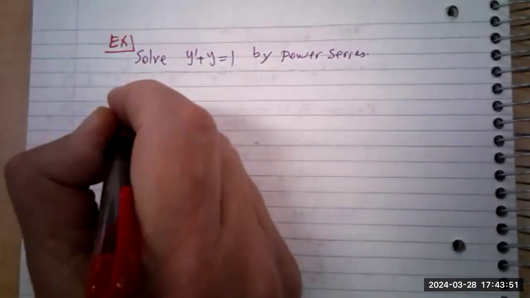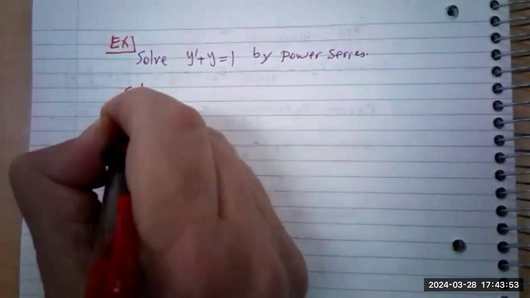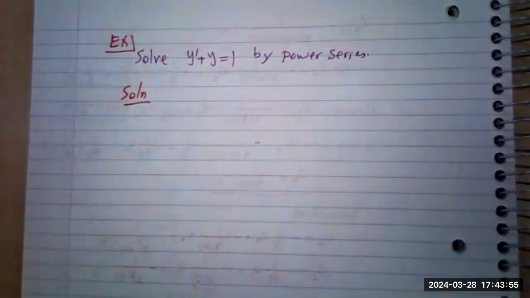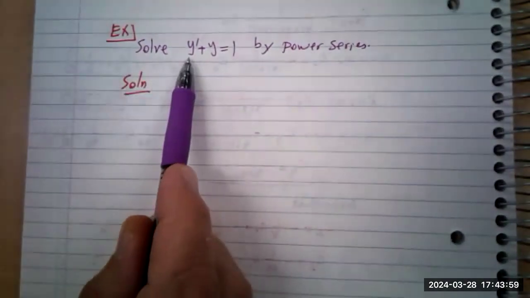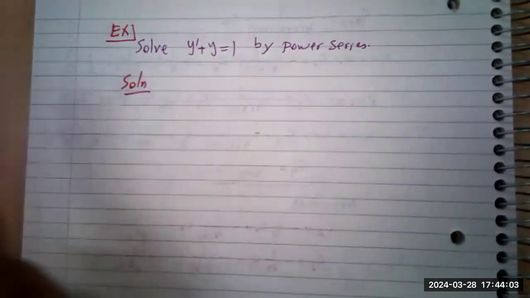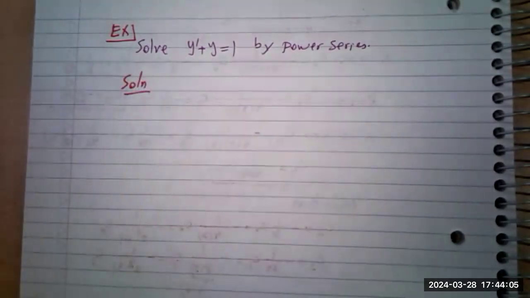You see, the reason we do it is this: you can solve this one for y prime and get y prime equal to 1 minus y. Then you can differentiate it and get y double prime. It's very easy. Then you can differentiate it again. You see the Taylor series?